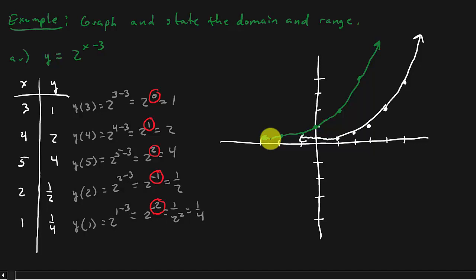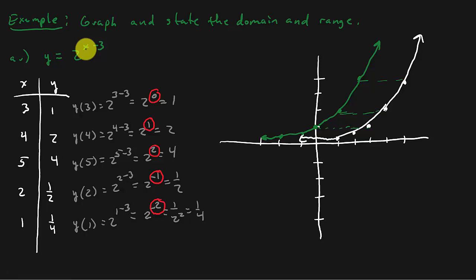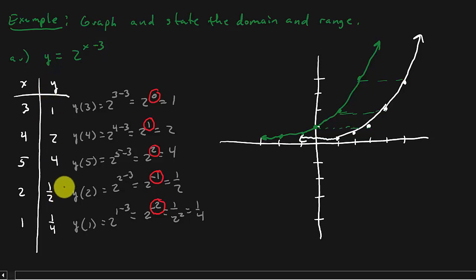So all this minus 3 is doing is, if you've got 2 to the x graphed, you're just shifting each of the points over to the right. It's moving to the right 3 units. That's all it's doing. But you would have to graph 2 to the x and then shift it. I think it's just as easy to do the table here and graph it.